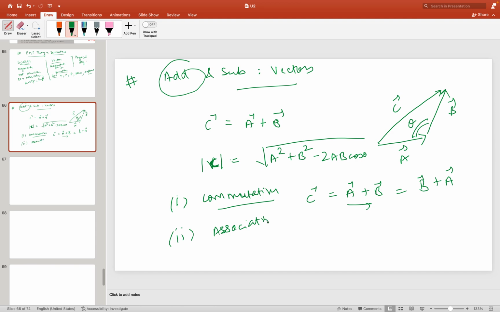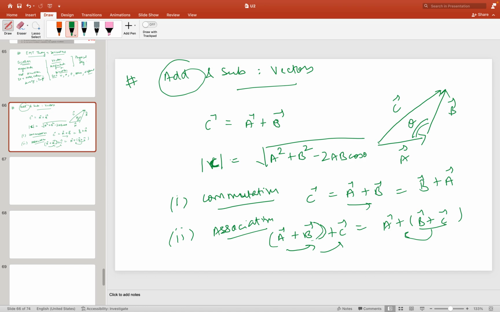A vector plus B vector, and then adding the C vector, remains equal to adding B vector and C vector first and then adding that to the A vector. It will be the same thing. Vector subtraction is obtained by reversing the sign of the vector which is getting subtracted. Again, that will also follow the commutative and associative laws.